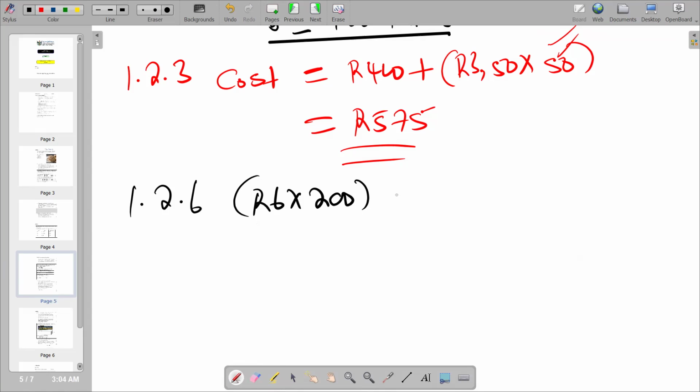And then we subtract the costs, of which the cost we are saying for 200 loaves, we are saying it's 400 plus 350 times number of loaves, we've got 200 times 200.